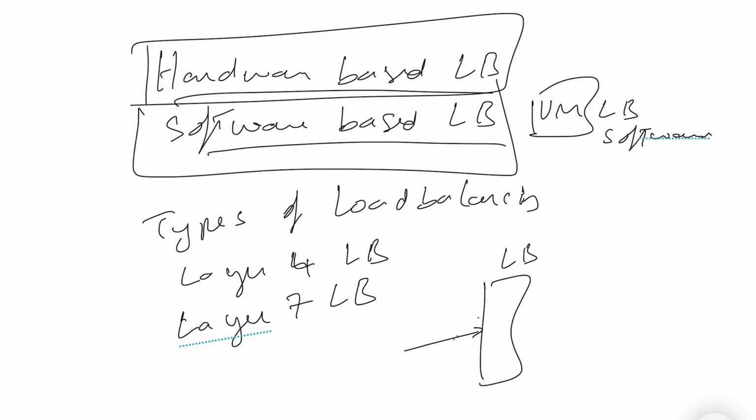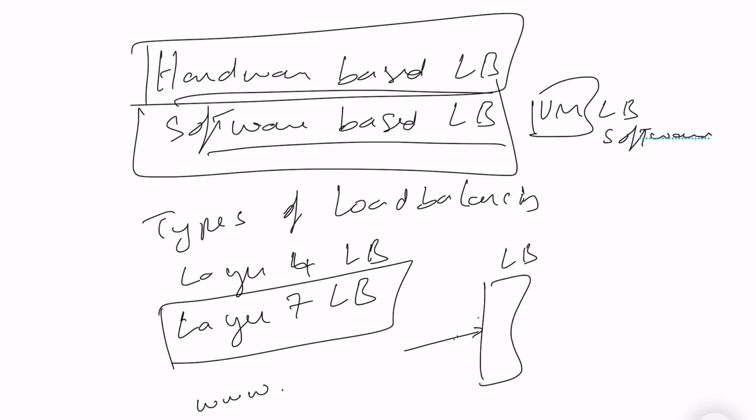When you say layer 7, that means whatever is there in the request. If we take an example of an API, the API can be www.abc.com/getbalance.